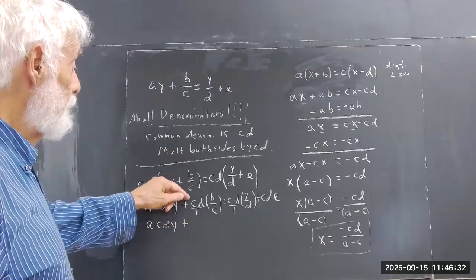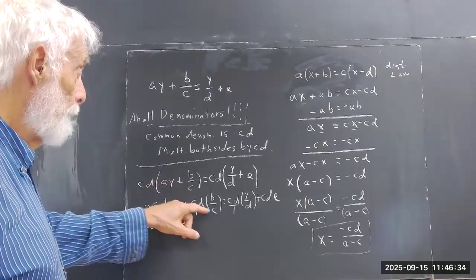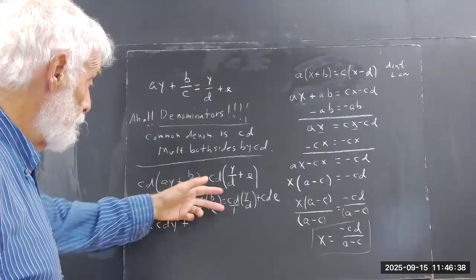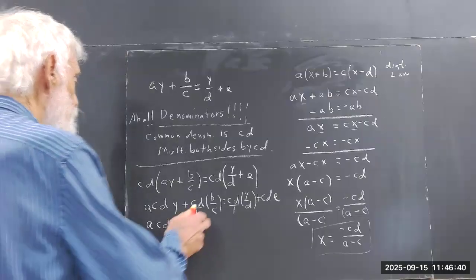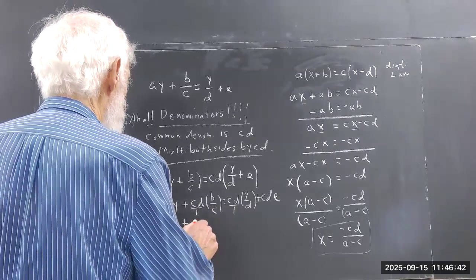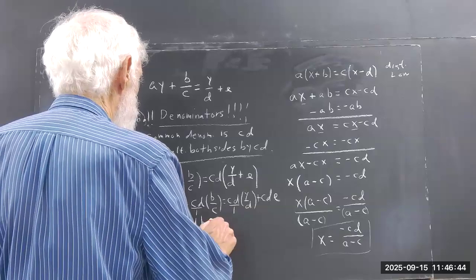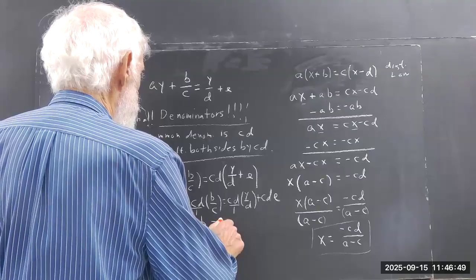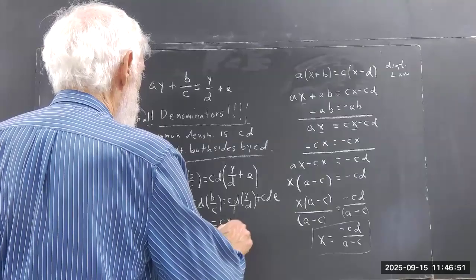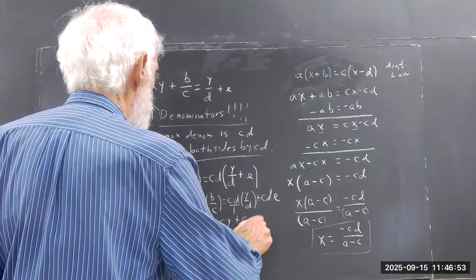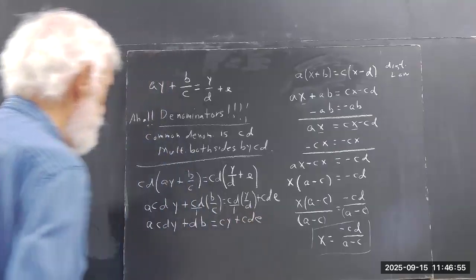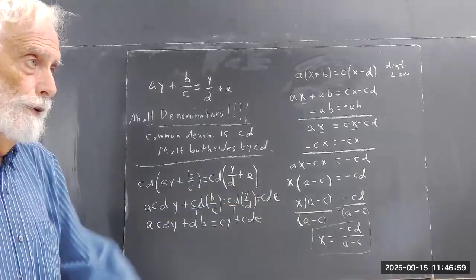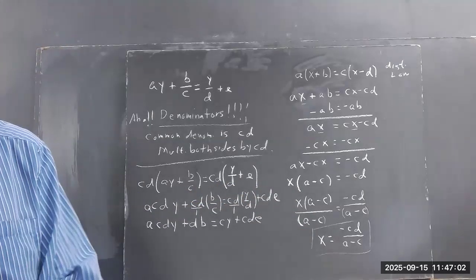In other words, C is a factor of the numerator, and C is a factor of the denominator that we get if we multiply these two things out. So that C divides C, leaving us DB. And over here, the D divides the D, leaving us CY plus CDE.